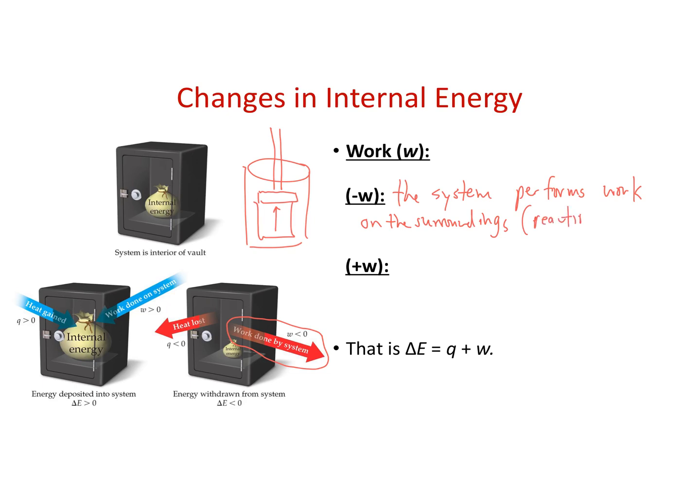So a reaction expands the piston, it pushes that piston up at the expense of energy. The opposite would be a positive W. Now the surroundings are doing work on the system. So that would be the opposite. That would be the compression, the piston being pushed down, compressing the system.